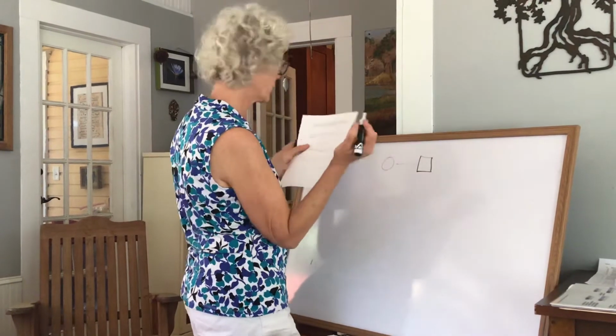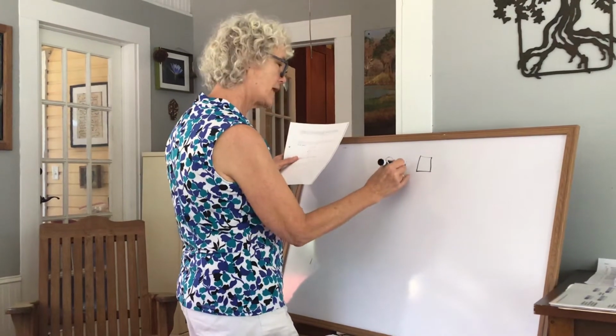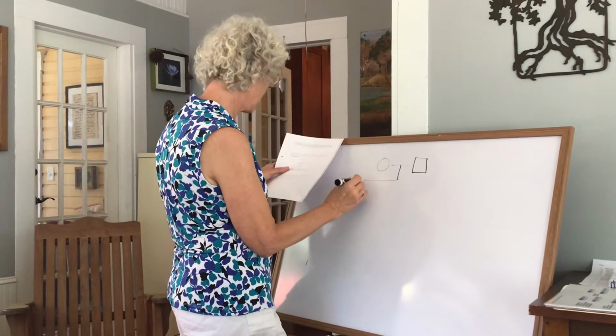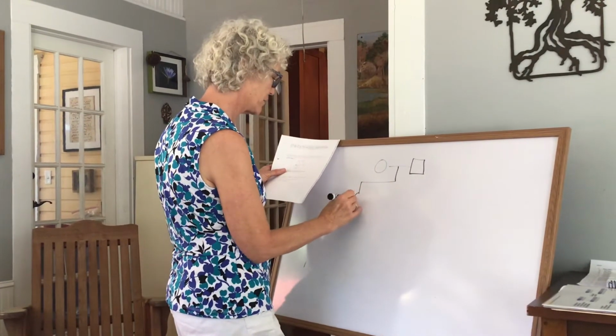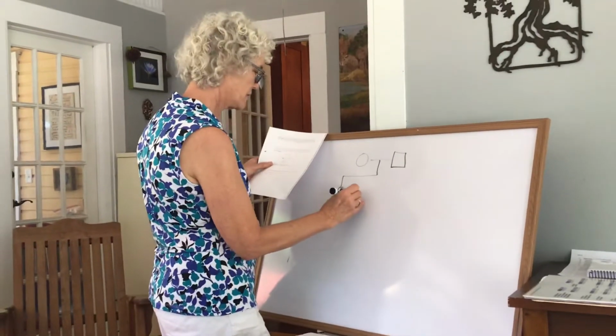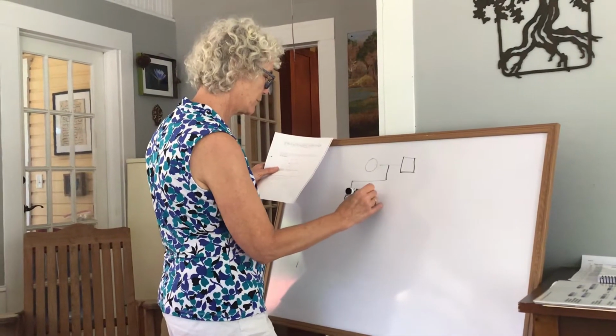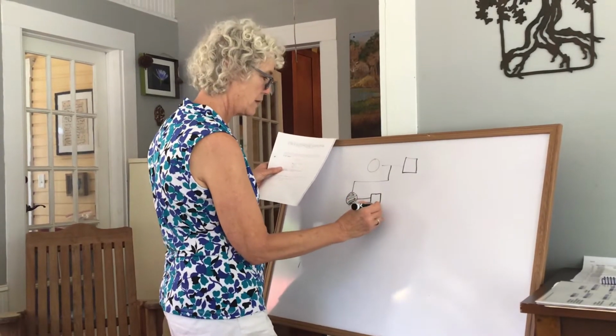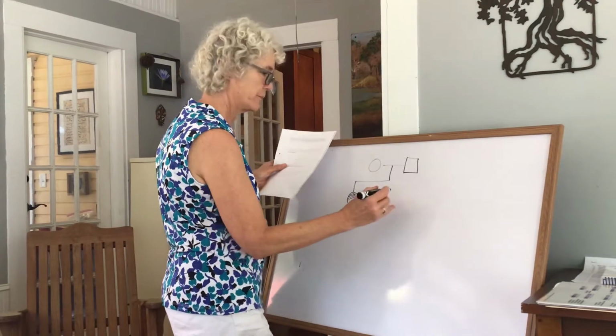Of course males are squares. Just kidding. It's also saying that filled in means that they have the problem, in this case feeble-mindedness. So this female was feeble-minded, and she married a male that was not.